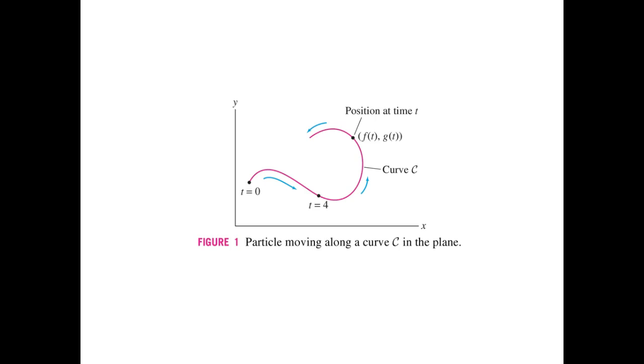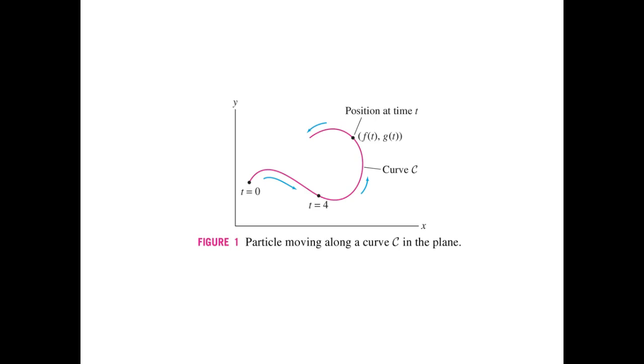Just for example, the x function starts at this value. As t increases, this increases until it gets here, but then when t reaches this point, x starts decreasing again. If you plotted x as a function of t, it would be doing something like that. Perfectly fine function.